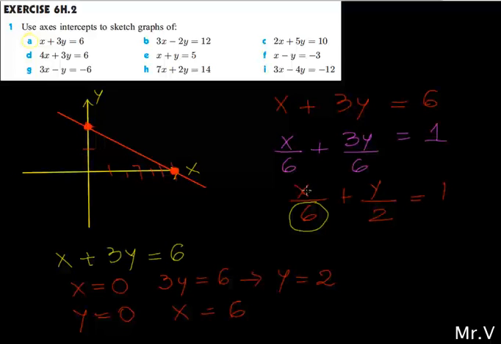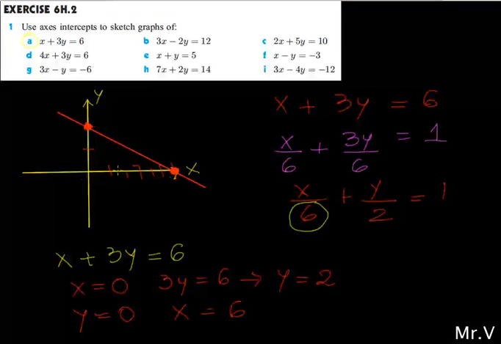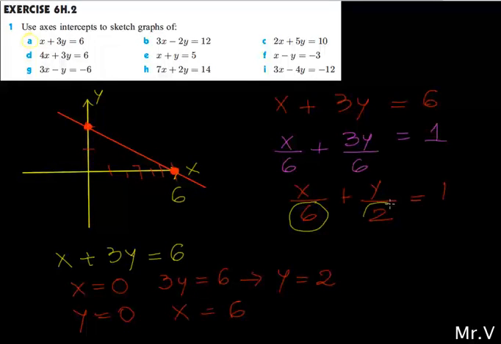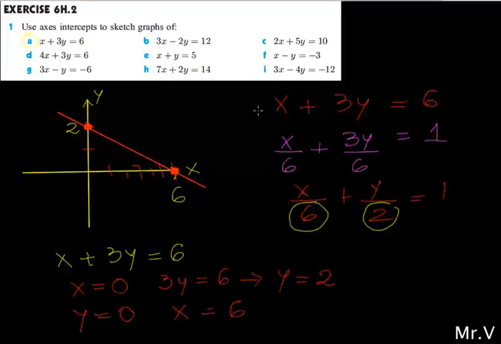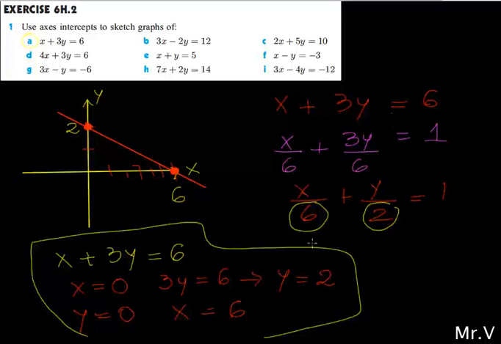So 1, 2, 3, 4, 5, 6, 6. There you go. And here, this value, the denominator of the fraction that has y, is the y-intercept. So 1, 2. So now you have 2 methods. This one is the easiest so far for you, and the second method is the one that we're going to use later.